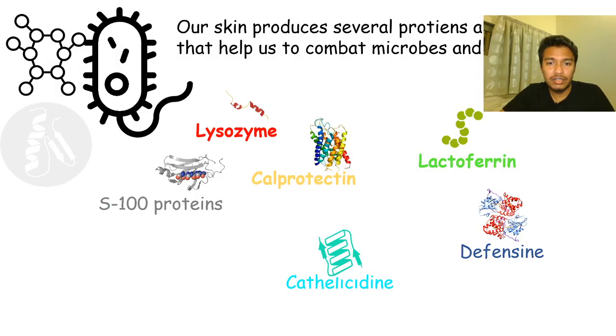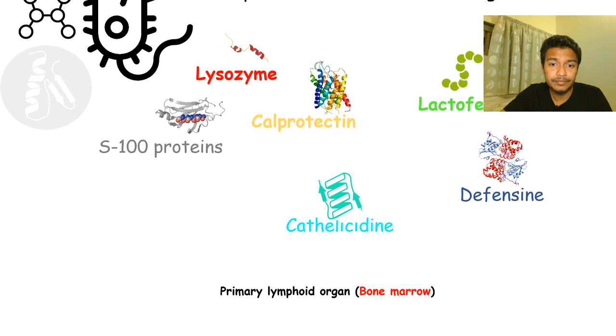You don't need to remember the names of all these proteins, but try to understand that the way skin protects our body is by secreting these peptides. These are called antimicrobial peptides, like lactoferrin, defensin, calprotectin, all of which harm and kill bacteria.